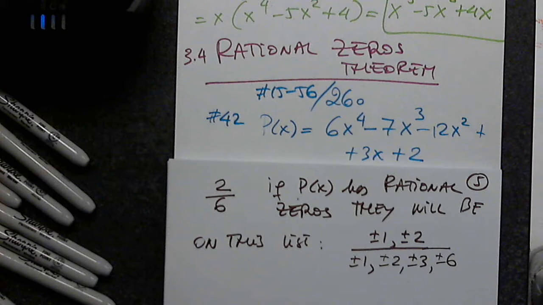So I check 1, because 1 over 1, I check 1. Then I check 1 over negative 1, which is negative 1. Now I check 1 over 2, 1 divided by 2. Now I check negative 1 divided by 2. Then I check 1 over 3.